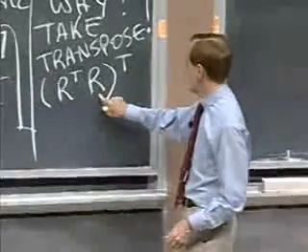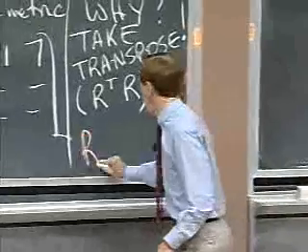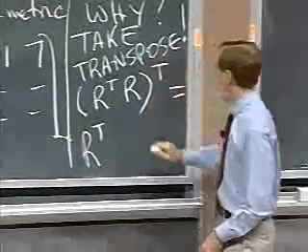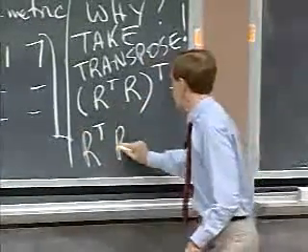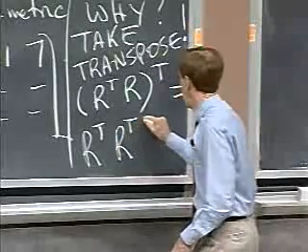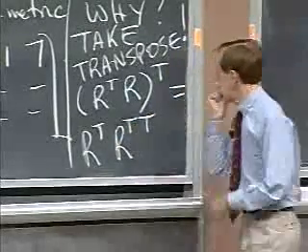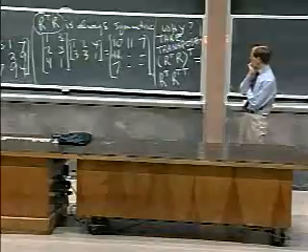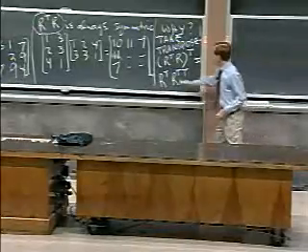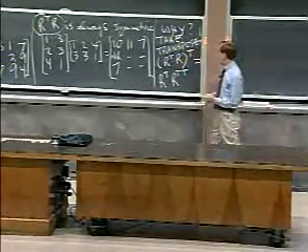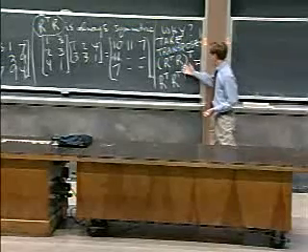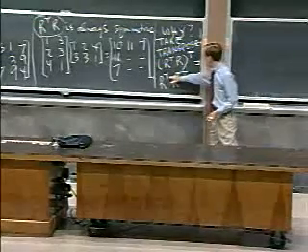It's the transpose of that that comes first, and the transpose of this that comes now. Is that what I have to write, right? This is a product of two matrices, and I want its transpose. So I put the matrices in the opposite order, and I transpose them.